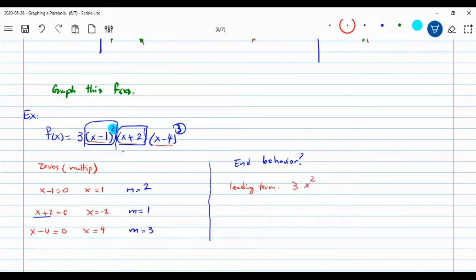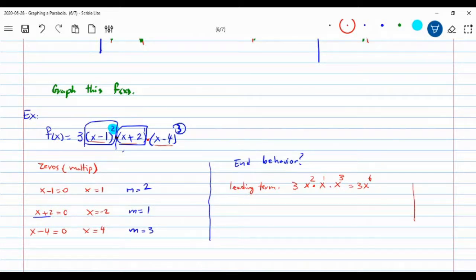In the second parenthesis, there is an x. It's not addition, it's multiplication. All these parentheses are multiplied by each other. I'm going to pick the leading term in each one. In the last parenthesis, there is an x, but with power 3, x to the power 3. If you multiply these, you get 3 x squared times x times x cubed. You add the exponents, 2 plus 1 plus 3, 3x to the power 6. This is the leading term.